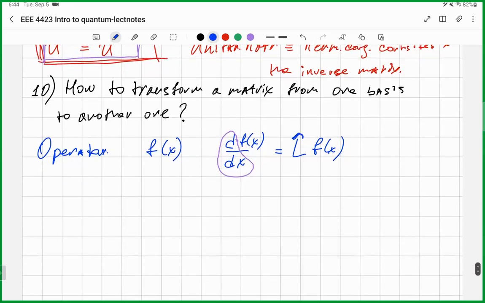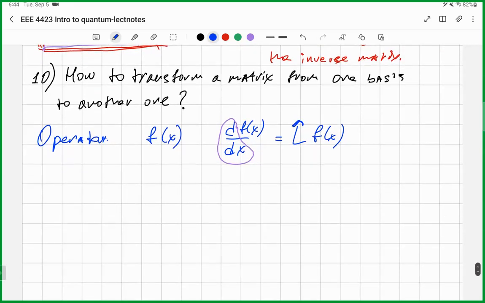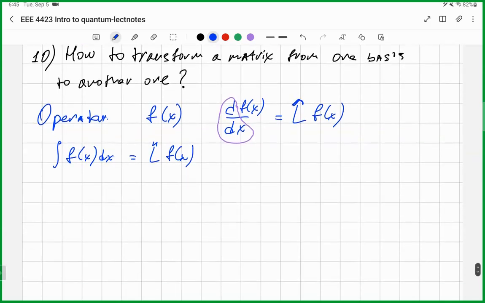And operators can be of different kinds. It can be, for example, an integral of the function, which is another operator, the integral operator. In quantum mechanics, you probably remember that this differential operator is connected to the momentum operator.